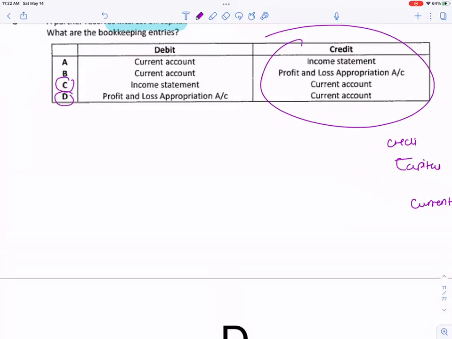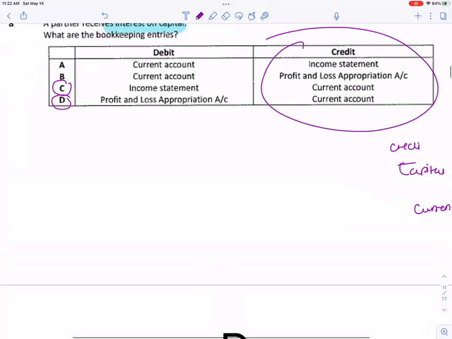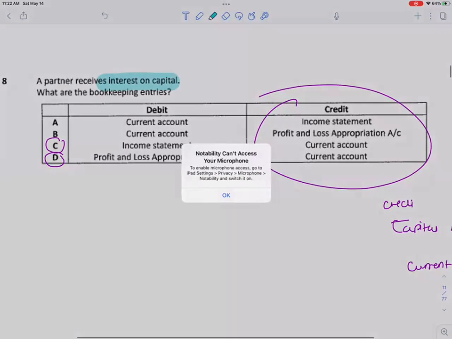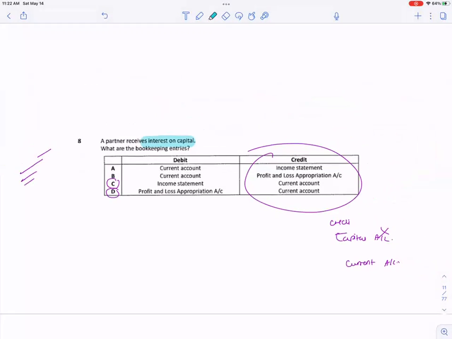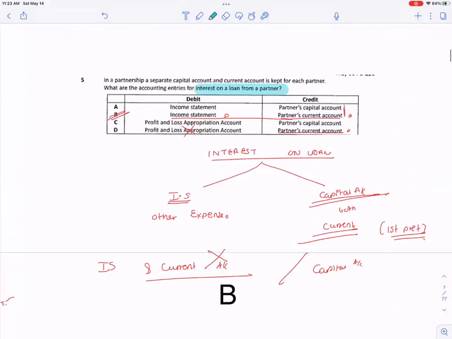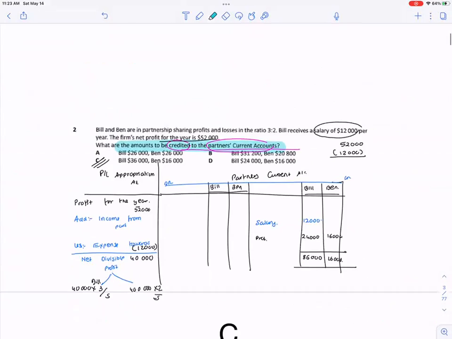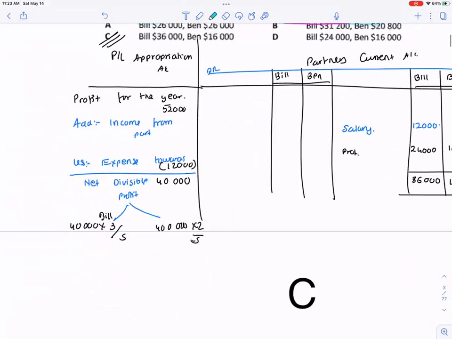Now where will it be debited? Where do we put interest on capital?